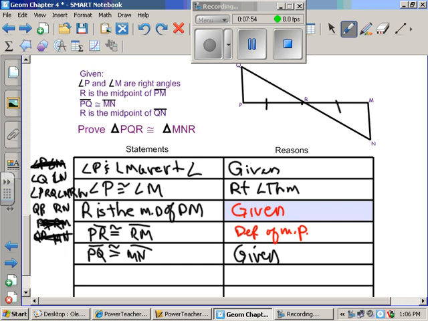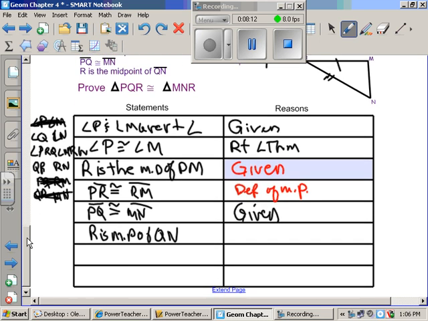Okay? Then I have R is the midpoint of QN. So again, if R is the midpoint of QN, that means QR and RN are congruent by the definition of midpoint. So QR is congruent to RN by the definition of midpoint.